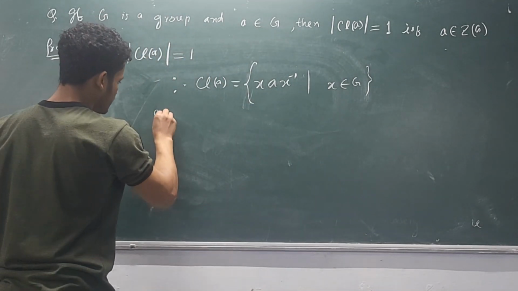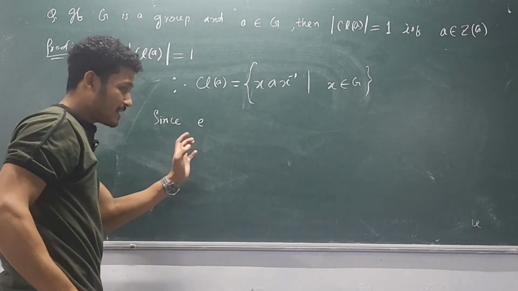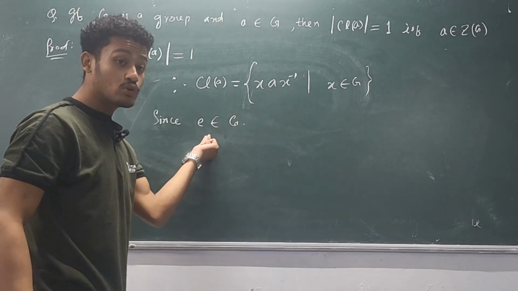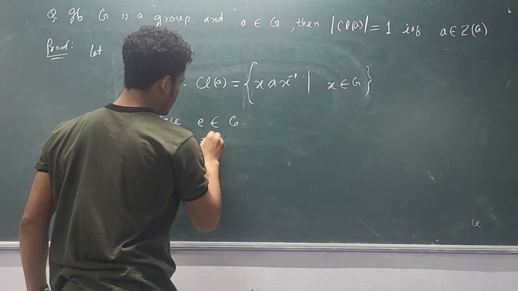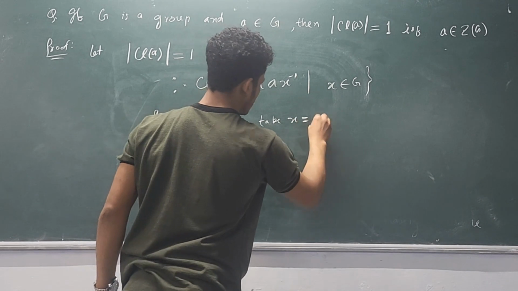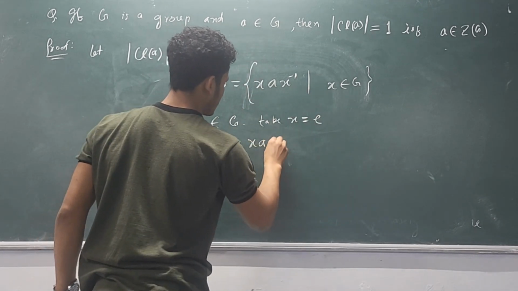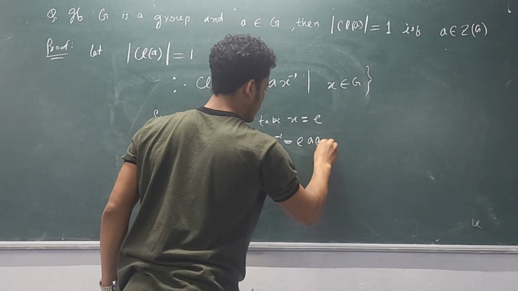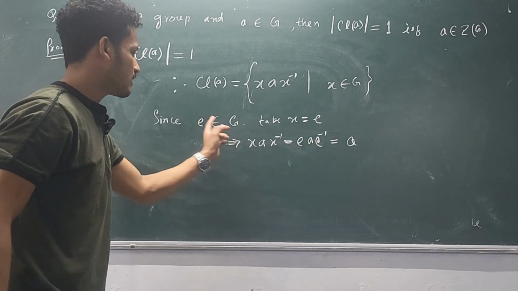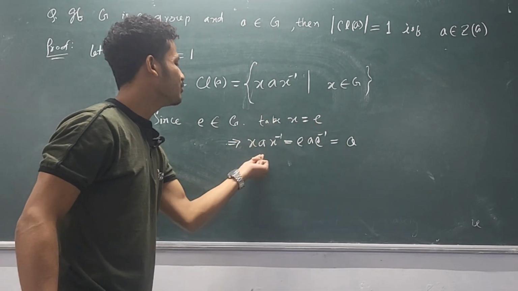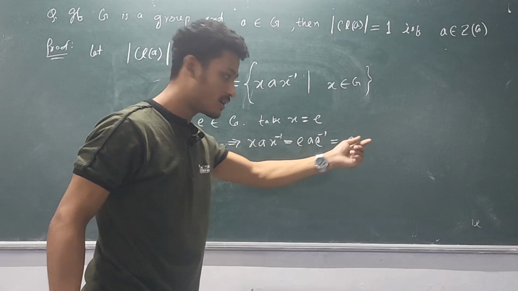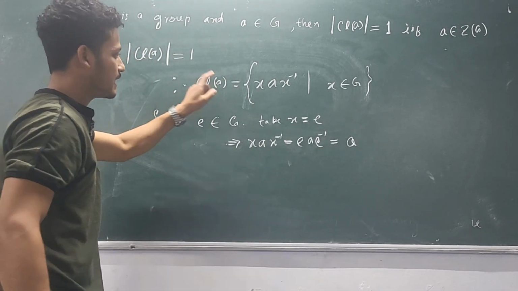We know that E, the identity element, always belongs to G. Let X be equal to E. Then XAX inverse is equal to EAE inverse, which is equal to simply A. That means E is always in G, and for this E you get EAE inverse, and the element is simply A. That means A always belongs to Cl(A).